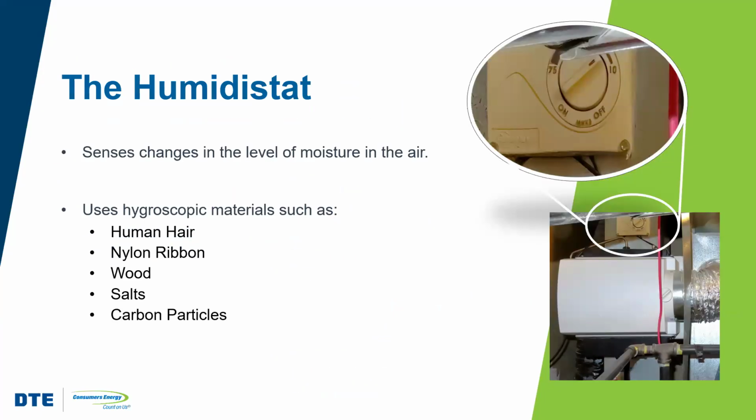In addition to the thermostat, we may also see humidistat controls. We're seeing this more frequently here. We know that for ideal human health in indoor spaces, we want to maintain relative humidity levels between 40 and 60%, right?